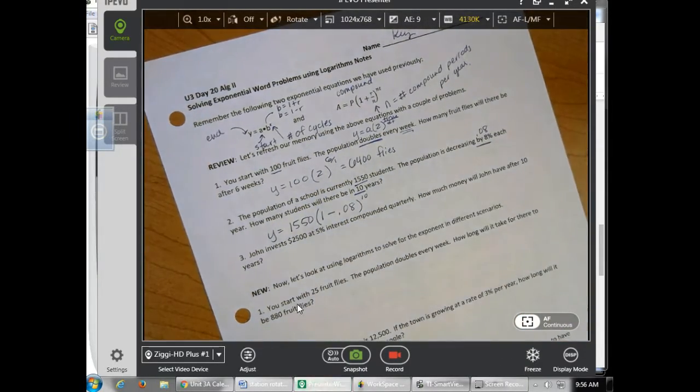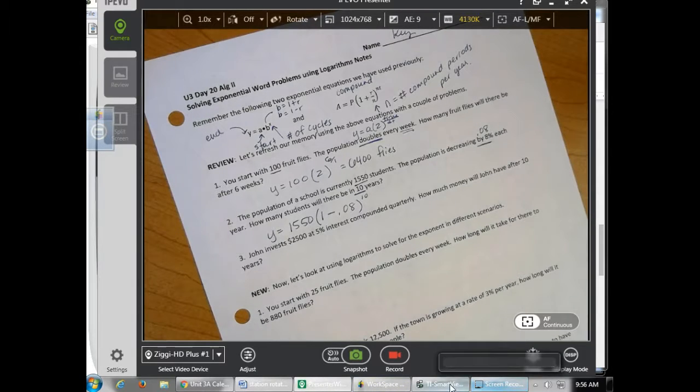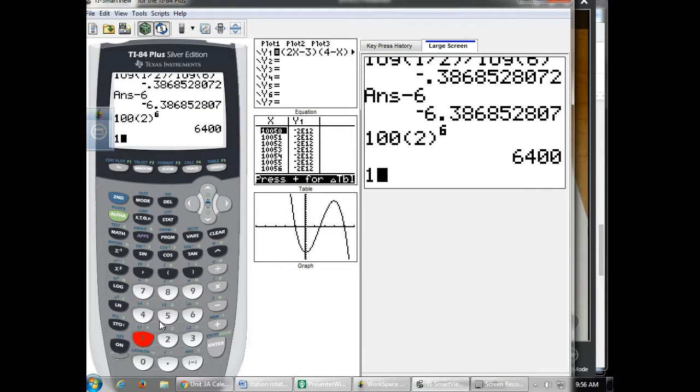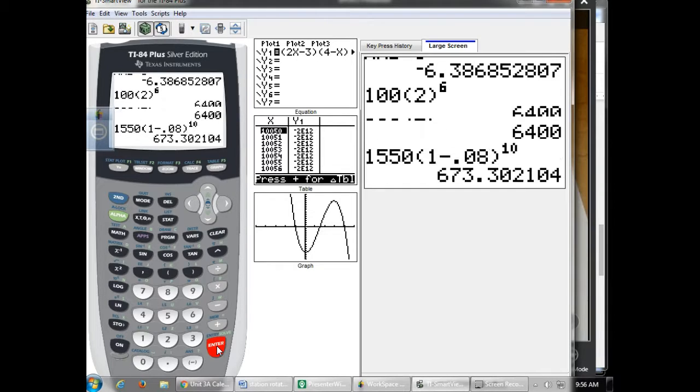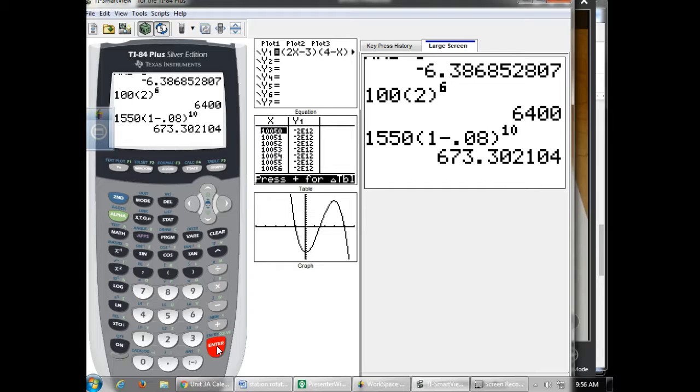Okay, so we'll just do this in the calculator. 1,550, and then 1 minus 0.08, because I'm losing 8% each year, and it's going to decay for 10 years. So I'm going to enter that, and I get 673. We'll just round to the nearest whole number for that.